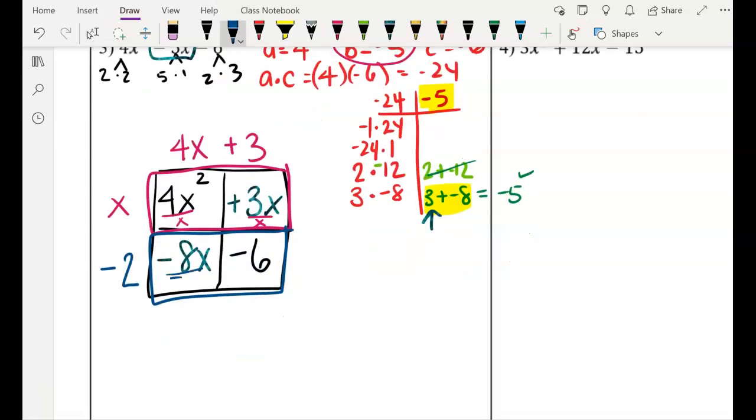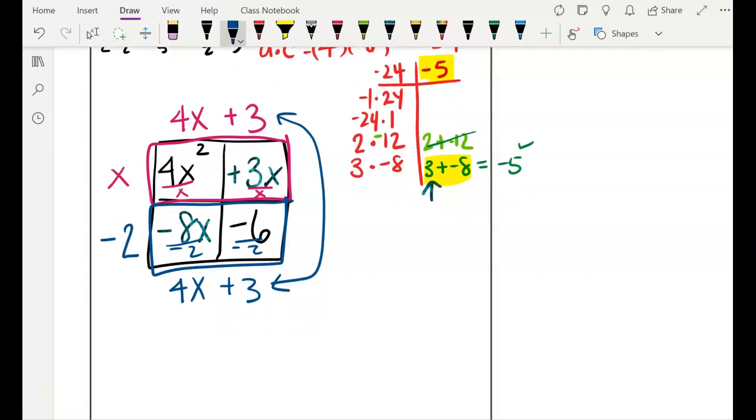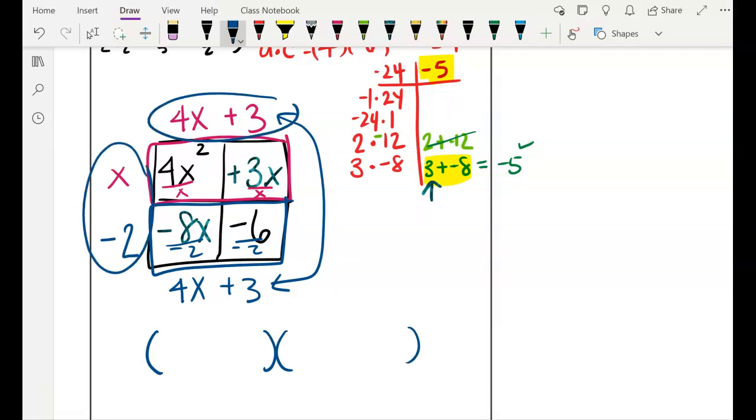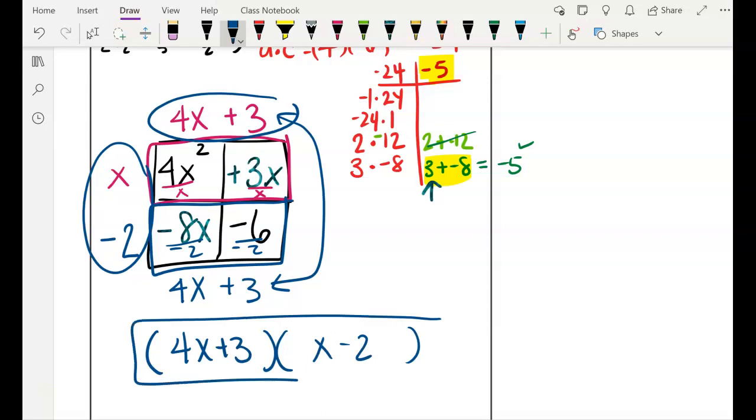If we divide this by negative 2, we are going to end up with a positive 4x and a positive 3. These two right here, guys, they have those in common. That means we are doing it right. So the area of the whole box is going to be length times width or base times height, however you want to call it. So it's going to be 4x plus 3 times x minus 2, and box that up.